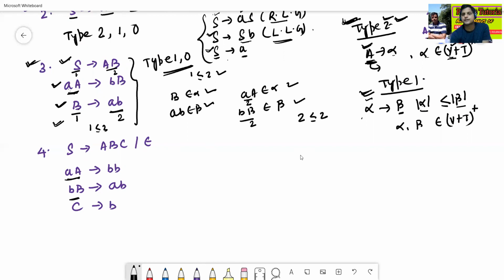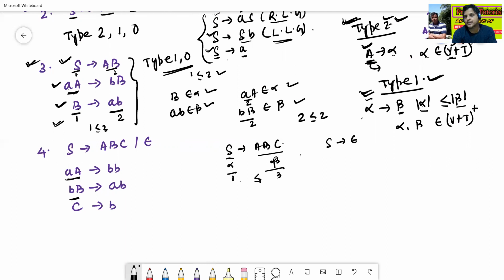So we should start from type 1 grammar. Now I'll check S to ABC. S belongs to alpha, ABC belongs to beta, satisfied, and we'll check the length. Its length is 1 and its length is 3. So 1 is less than or equal to 3, satisfied. Next we'll check S to epsilon.